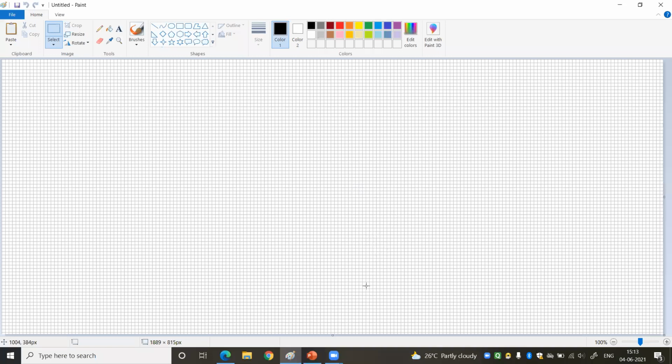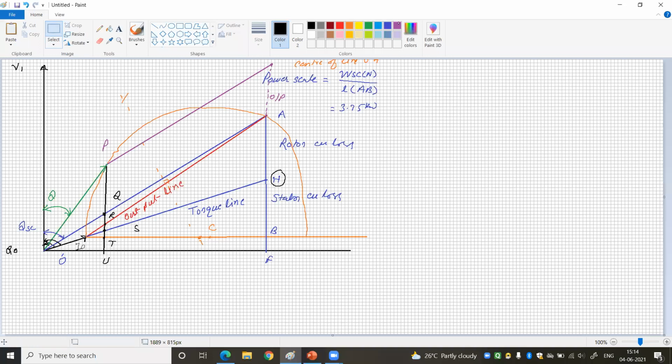Now this point is S. So S is the output. So S to A will be the same as P to R, isn't it? So we can say that the rated output is equal to length PR.